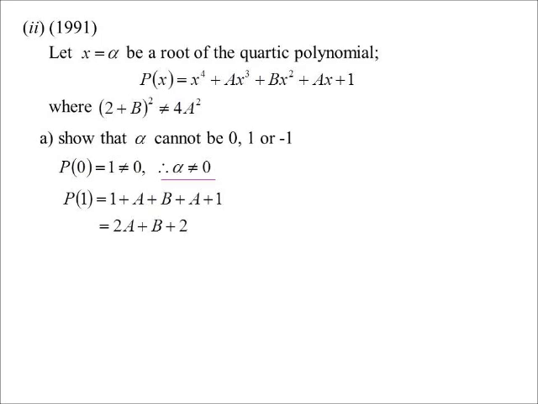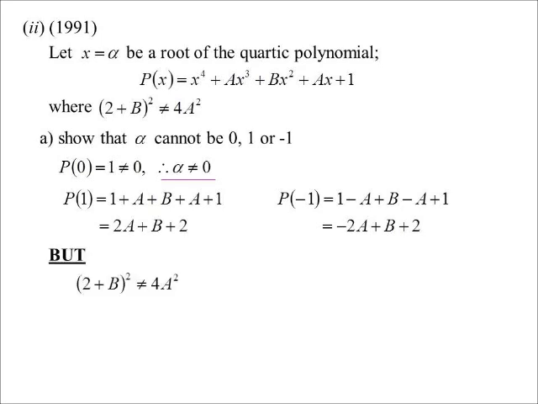I'm not sure whether that can be 0 or not yet. Well, if I sub in minus 1, I get minus 2a plus b plus 2. Hang on, that's where this becomes useful. 2 plus b squared cannot equal 4a squared. In other words, 2 plus b cannot equal plus or minus 2a.